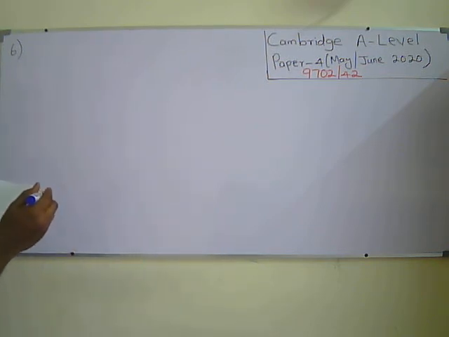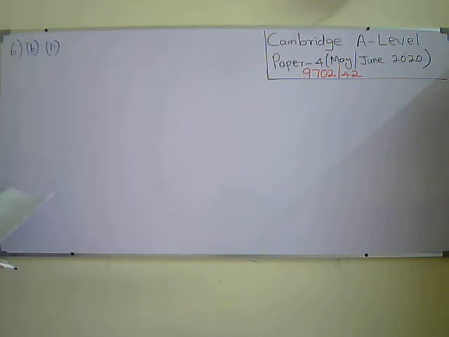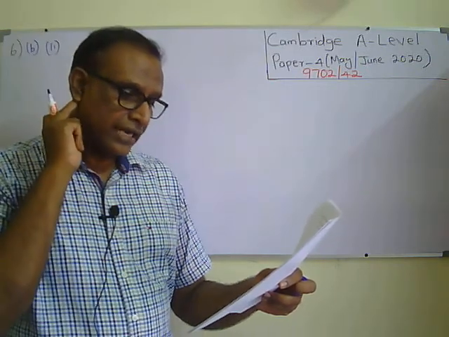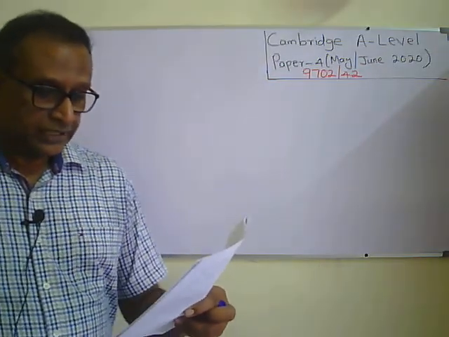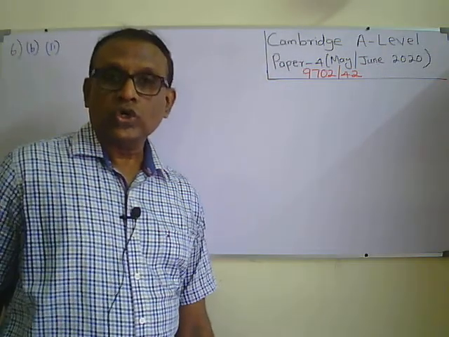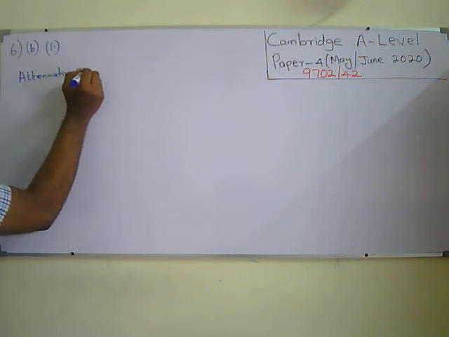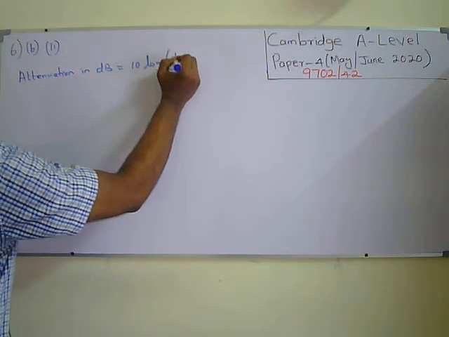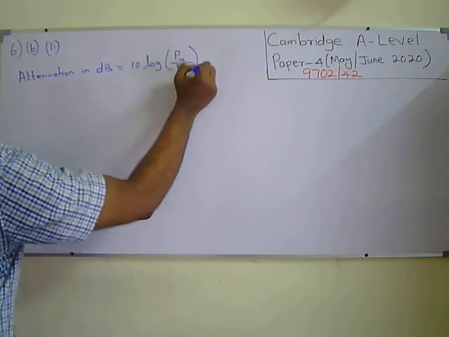Okay, so question number 6, part B, second part. The maximum attenuation per unit length of the optic fiber that allows for uninterrupted transmission of signal. So we need to find the maximum attenuation per unit length. We know that attenuation in decibels is given by 10 log input power, we can put P in or P1, over output power.